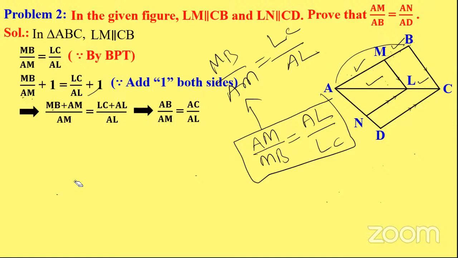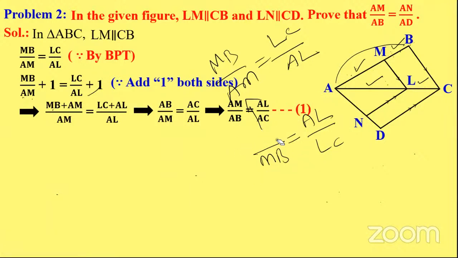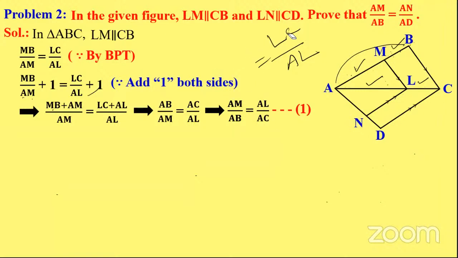To that, we reverse both fractions, both side ratios. We'll get AM by AB is equal to AL by AC. Here, we get the result like this. Children, do you understand all these steps?